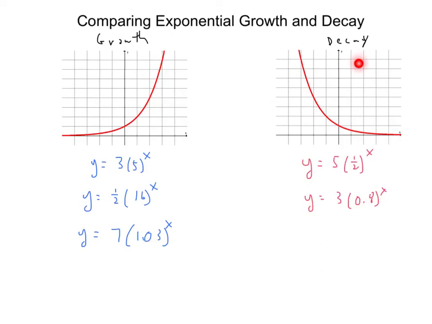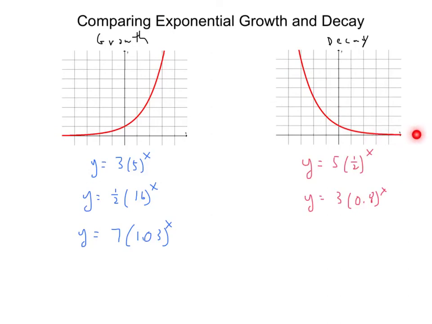Decay graphs will have a factor that's less than 1, like 1/2 or 0.8, or some other fraction or decimal. When this number is bigger than 1, that's going to cause it to grow as x gets bigger. And when we have something that's less than 1, that's going to cause this to shrink, to get smaller and smaller as x gets larger.